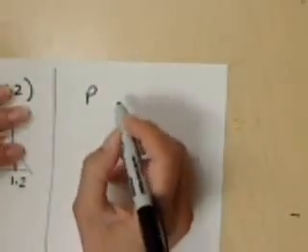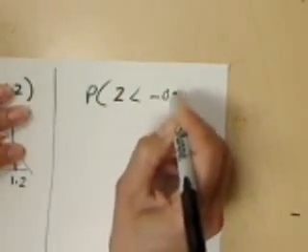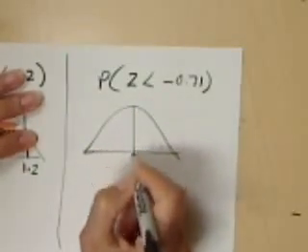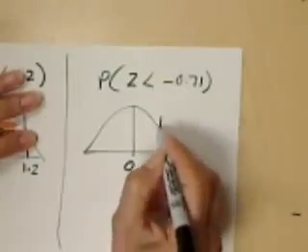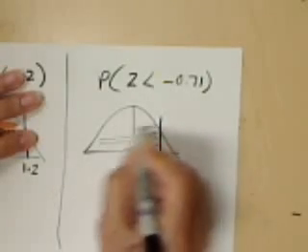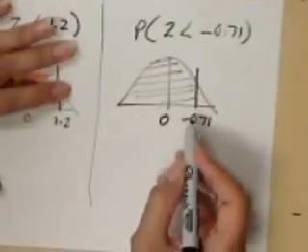And finally, the last question is, what is the probability that z is less than negative 0.71? Draw the curve. Here's 0, negative 0.71. Oops, sorry, my mistake.